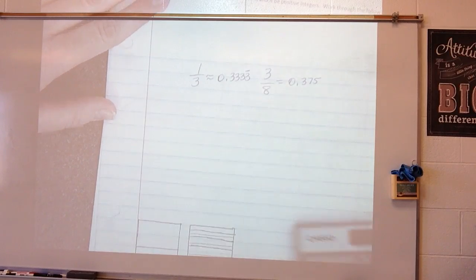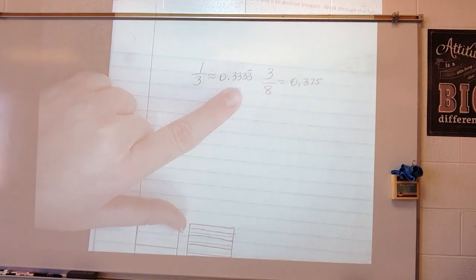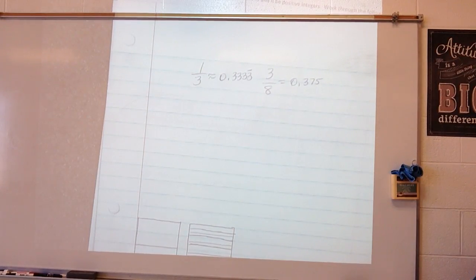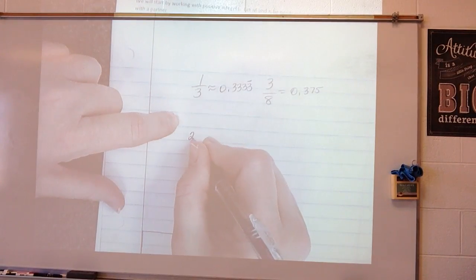All right, so I can actually see that 3/8 is still just a little bit bigger than 1/3. Another way that I can do this is I can do common denominators.